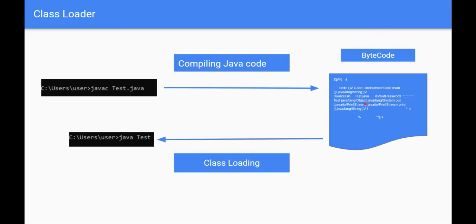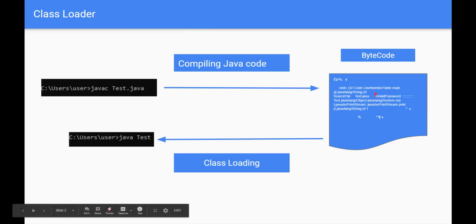Here in the command line, I used the javac compiler to compile test.java, and the compiler produces the bytecode. The bytecode is not in human readable format. That bytecode is exactly the .class file.